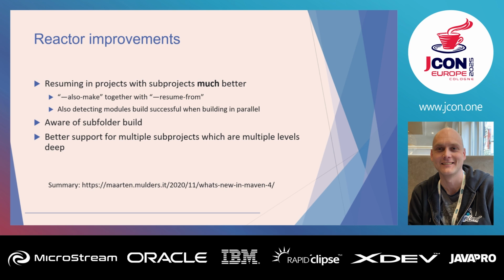If you ever experienced a situation where you have a project with several sub-projects, let's call them A and B, where B depends on A, and A was built successfully, and in B there was an error, then Maven says to you, hey, there was an error in project B, fix it, and then call this command, and the build will resume at the point where it failed. And then the build fails again because the reactor doesn't know, oh, I need module A. Right. This got fixed. It was a 15-year-old bug, finally got fixed.